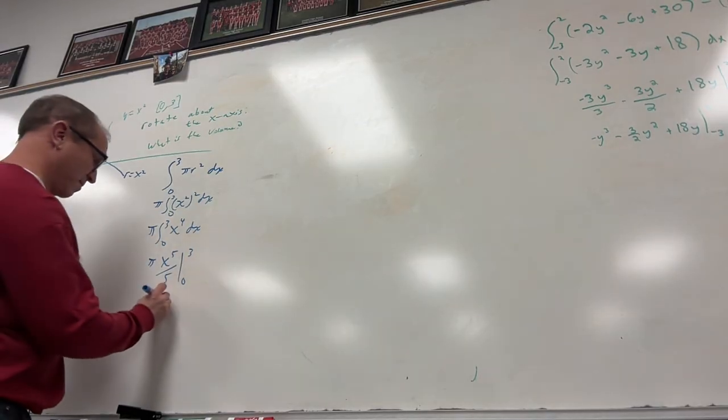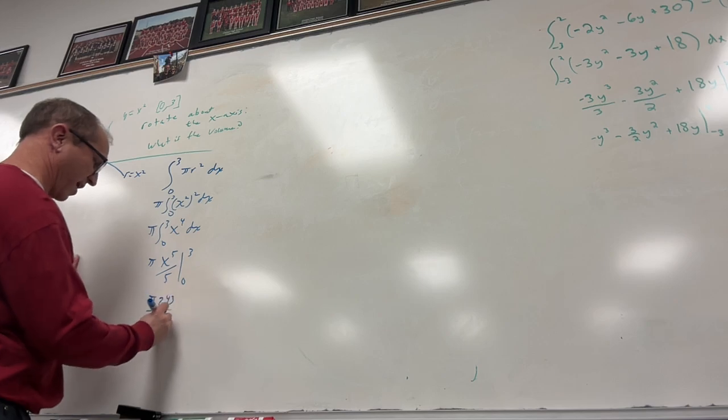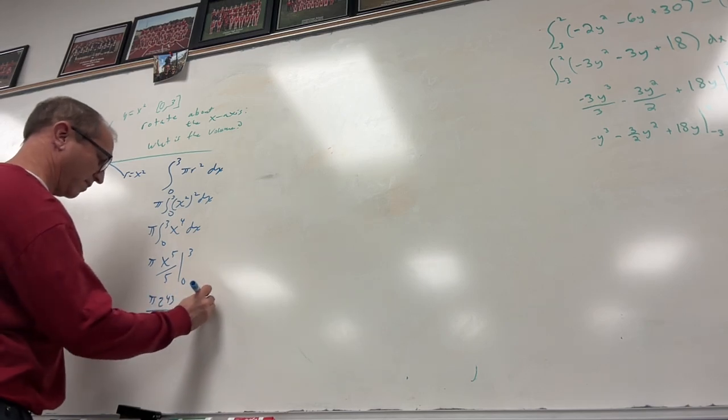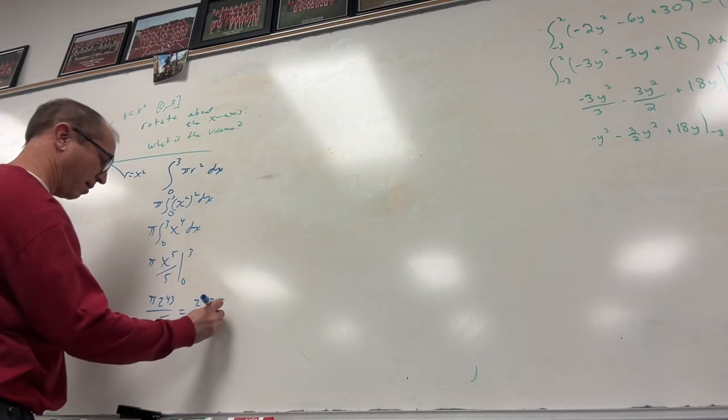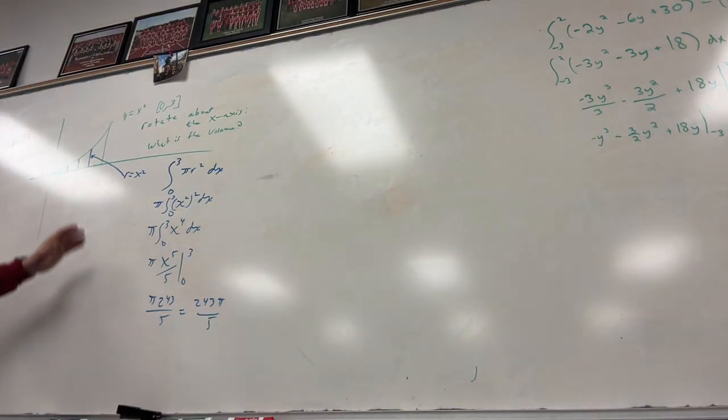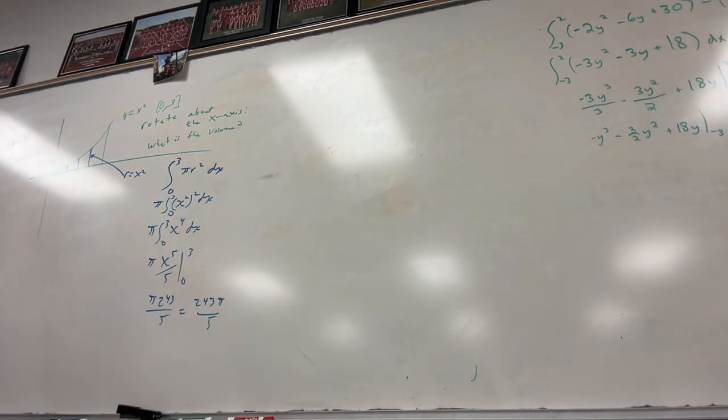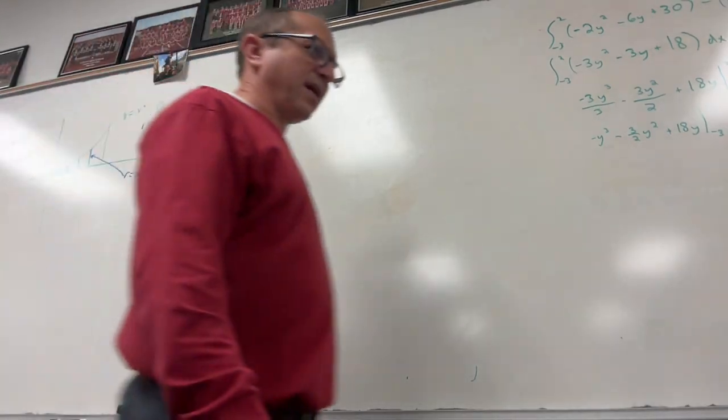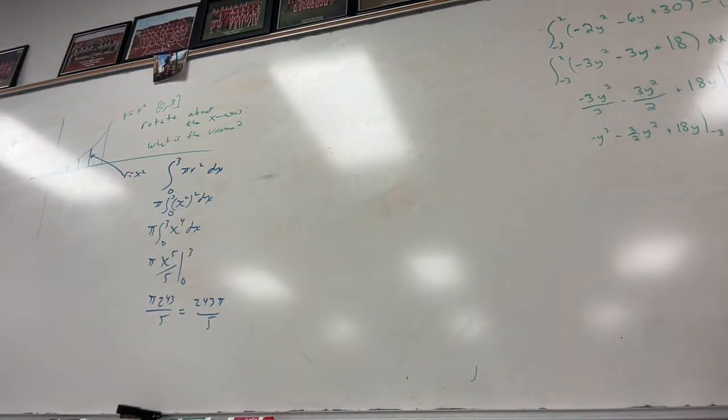So it's pi times 243 over 5, so that would be 243 pi over 5. That would be the volume inside of that. The volume.